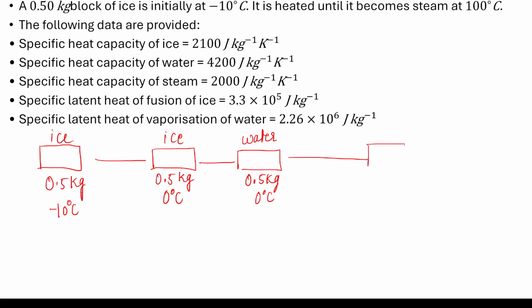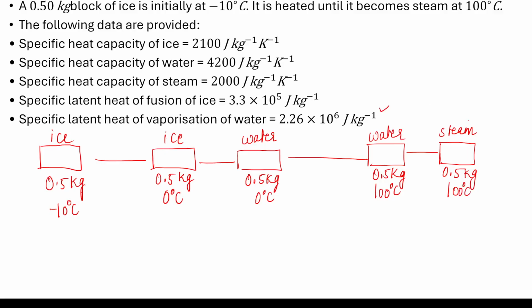Then you have to give a lot of heat before it becomes 0.5 kg, but at 100 degrees Celsius. Then it changes to steam, 0.5 kg. Remember, whenever the state changes, the temperature does not change. See, water to steam, I've not changed the temperature. Ice to water, I've not changed the temperature. And then it has become steam at 100, that's it.